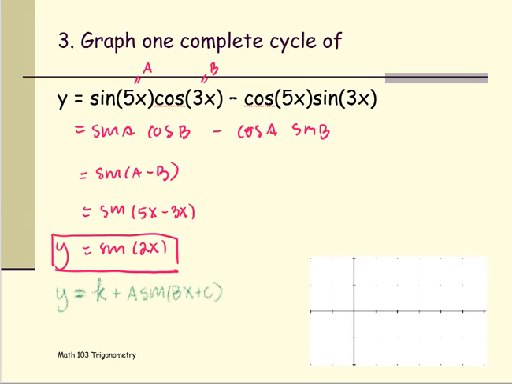In our case, k is 0 because the sine function has nothing added to it. I'm going to make a list here. So we have k equals 0, a equals 1, b equals 2, and c equals 0. Since the k value equals 0, the graph has no vertical shift.